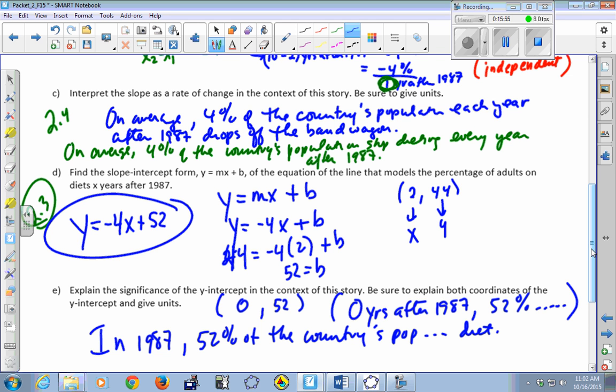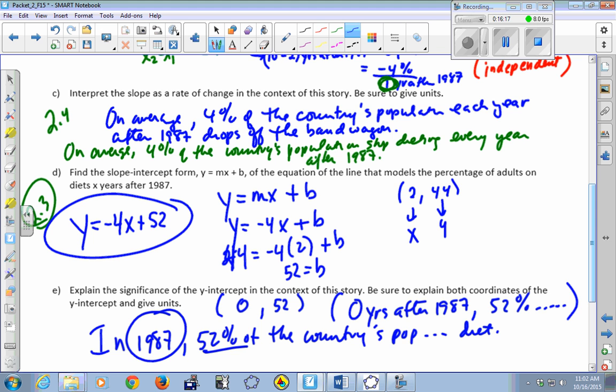Again, where does the 0 come in? Right here, 1987. Since you're starting in 1987, that's going to be your y-intercept. And the 52 is right here with its unit, the percentage, and it's the percentage of the country's population on a weight loss diet. Any questions on interpreting or finding this equation before we move on?